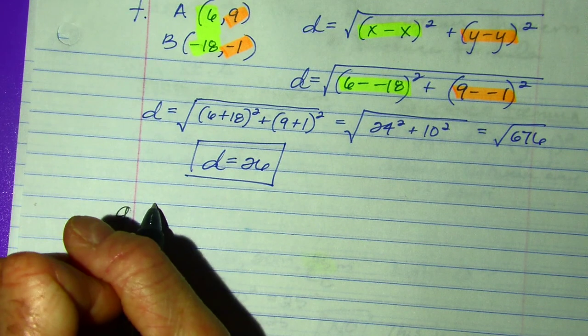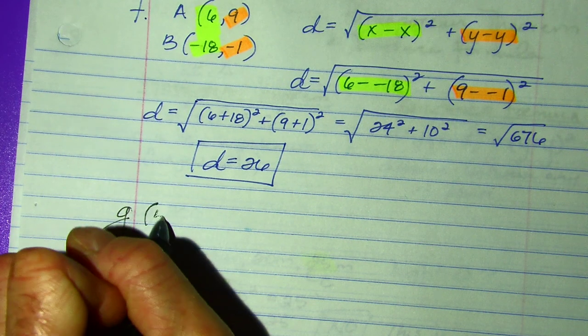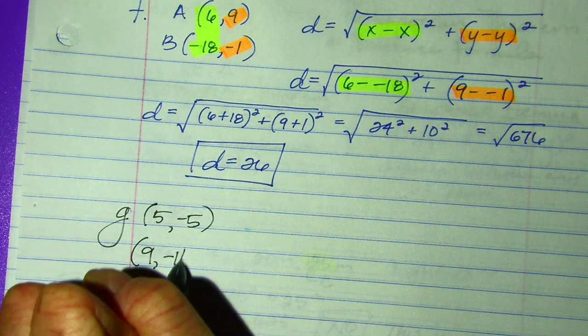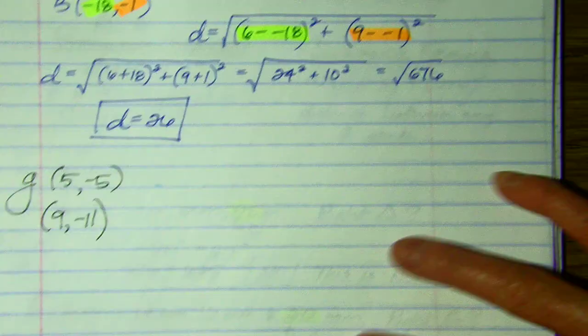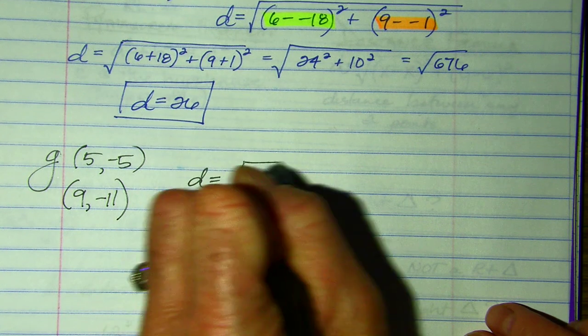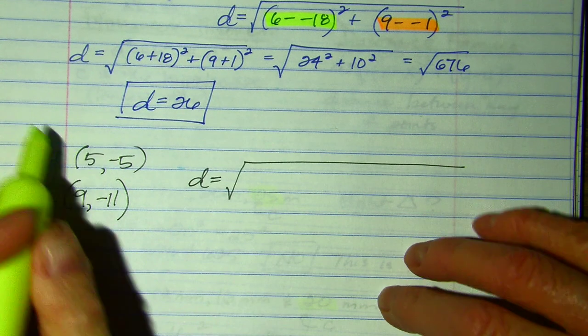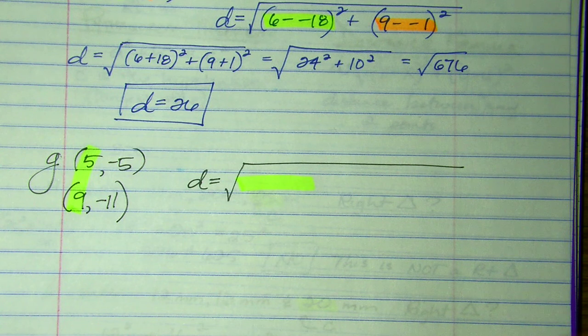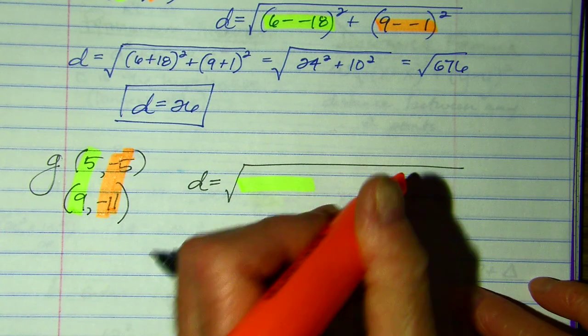Same thing, they're going to give us 2 points. So 5 and negative 5, and the next point of 9 and negative 11. So distance equals, again, I'm going to do x here, and I'm going to do my y values here.